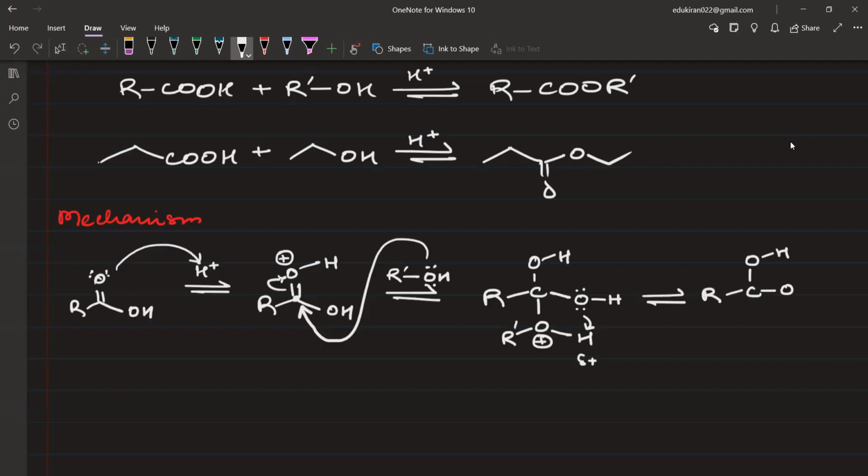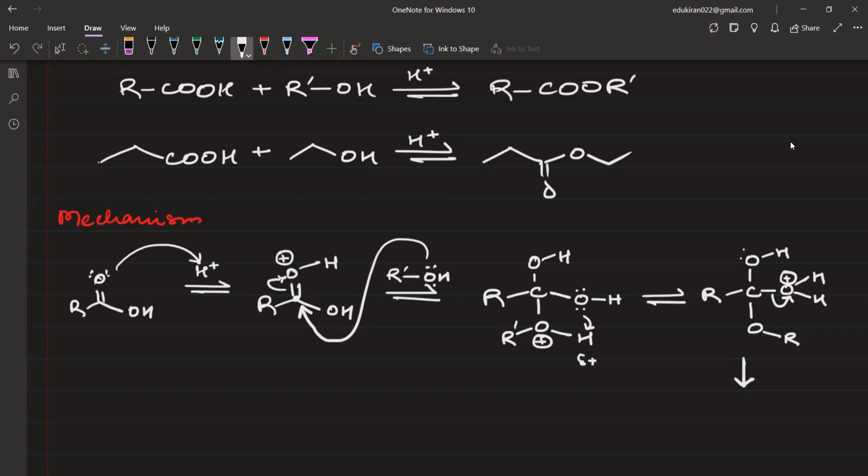Now this oxygen atom has 2 hydrogens with a positive charge, and it is very likely to get converted to water. So in the next step, this oxygen atom will leave, okay, with the electron from the carbon bond. So what is going to happen?